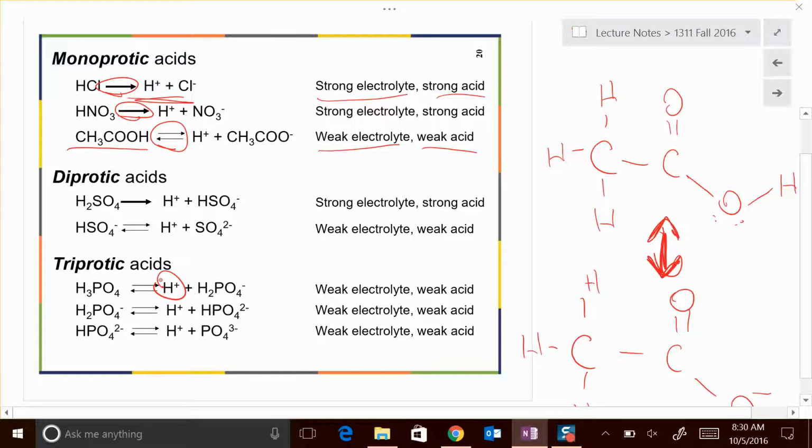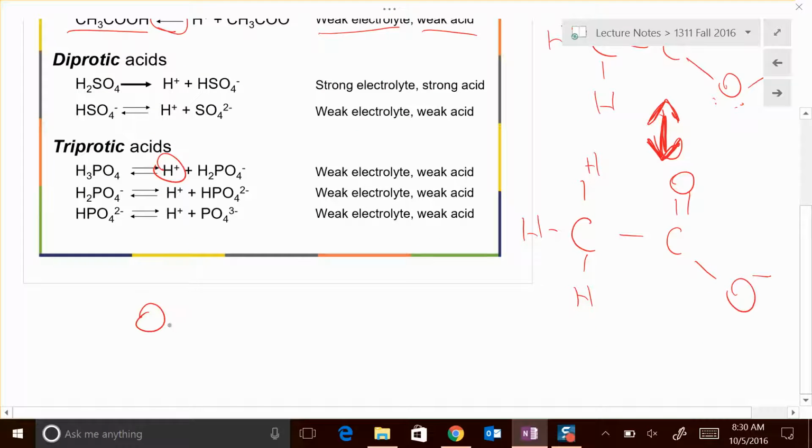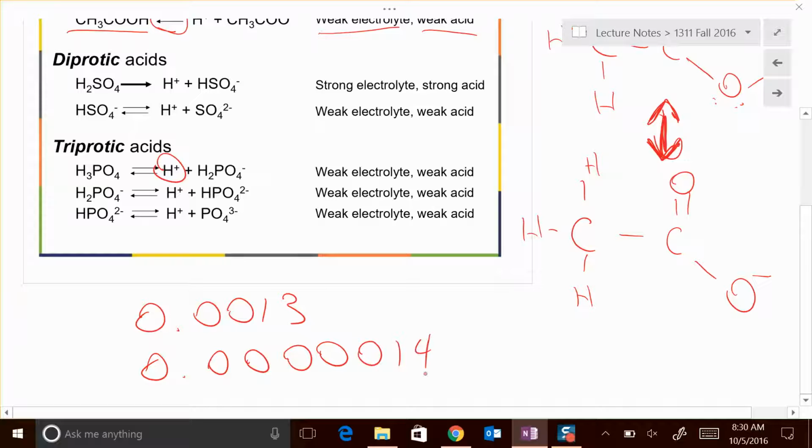So if you consider the total concentration available, if this one came off and is providing a hydrogen ion concentration of 0.0013 or something like that, and the next one comes off and is producing, okay, you can see how insignificant that is compared to this, right?